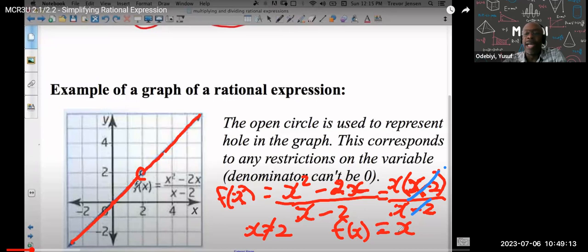It looks like f of x equals x should just be a straight line with slope 1, but no, the original was a rational expression. So if you're looking at a rational expression, you have to look at what the denominator cannot be. It cannot equal 0, therefore my value of x cannot equal 2. So that's why we have something like that.